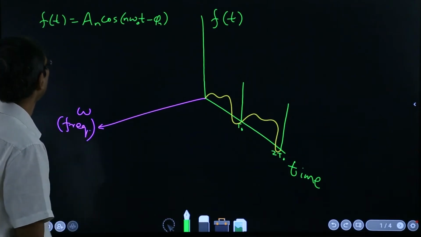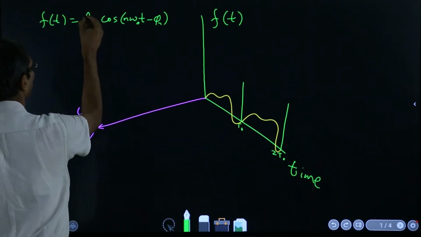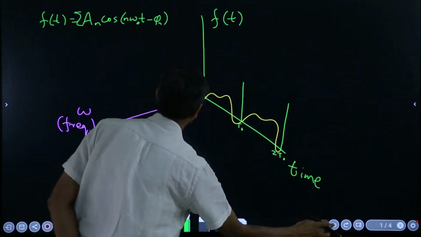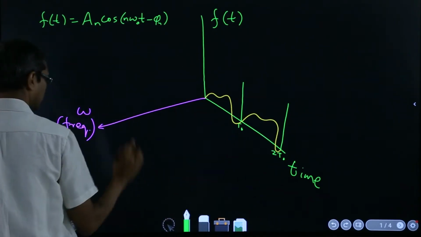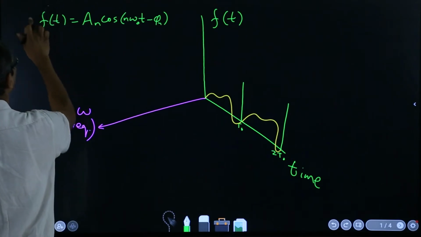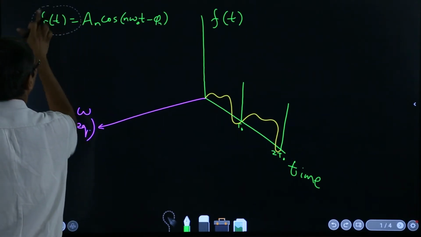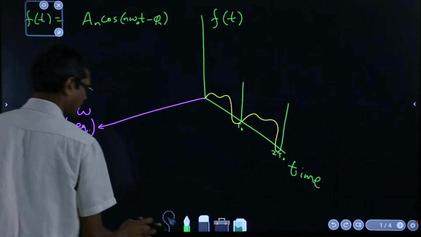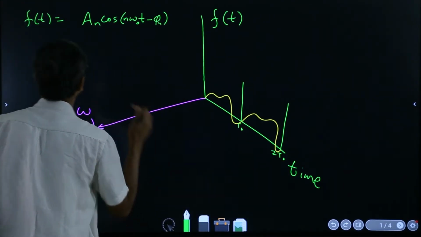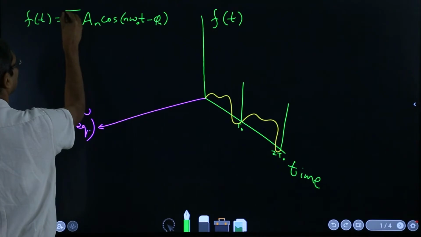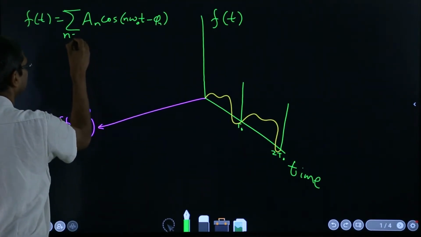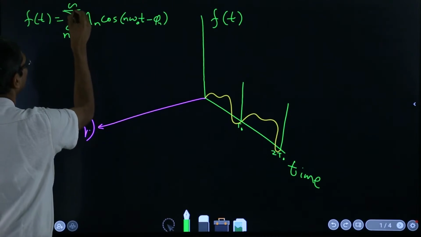Then the summation sign, which I always keep forgetting. Let me shift these things a bit and put a summation sign here, with n equal to 0 to infinity.